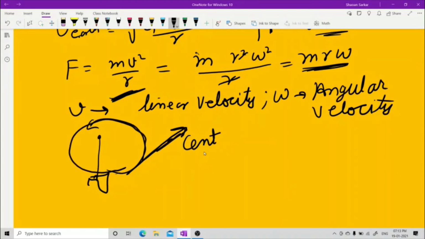Suppose you leave it here, then it will fly in this direction. This is called the centrifugal force, and it has the same formula as this.